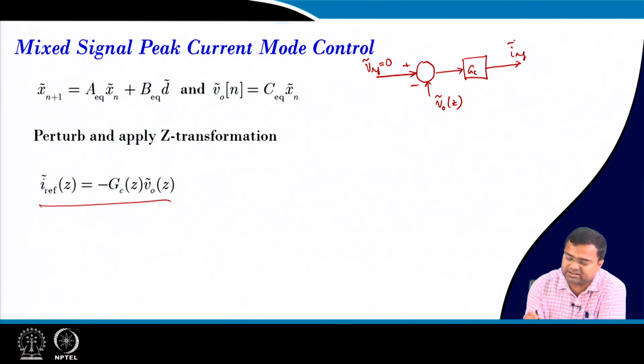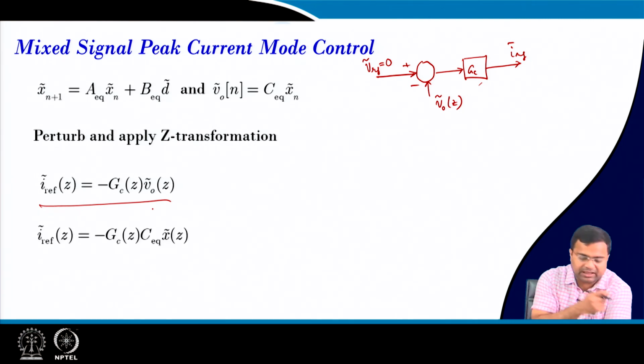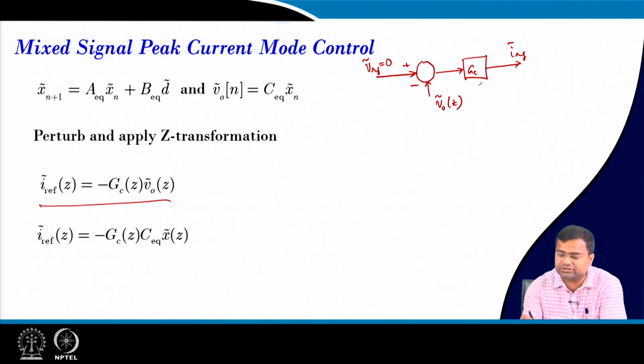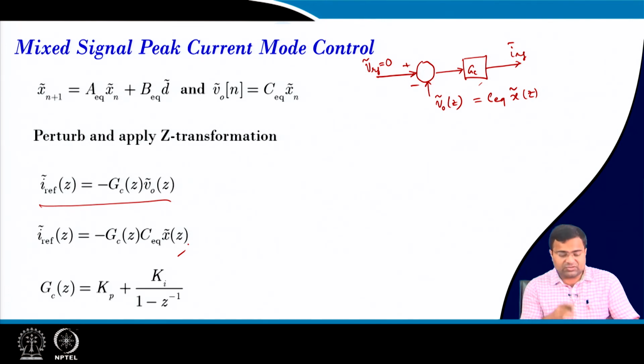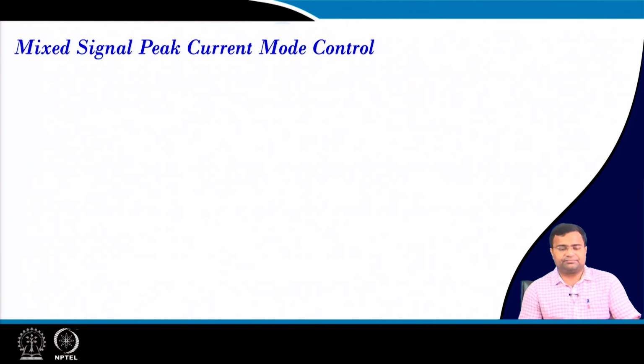So that means the reference current is simply the product of GC into V0(Z). Then V0(Z) we know is nothing but C equivalent into X(Z), and this is written here. Next, for a PI controller we know it is Kp plus Ki by 1 minus Z inverse.